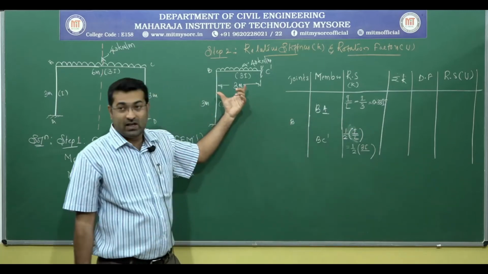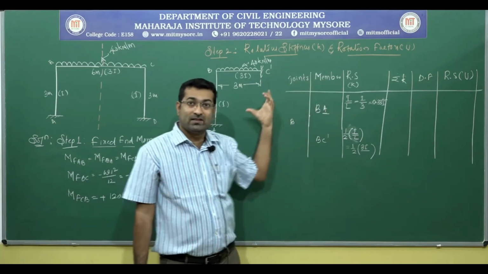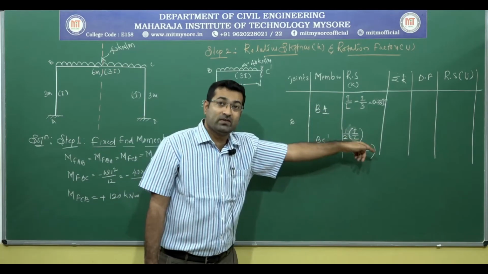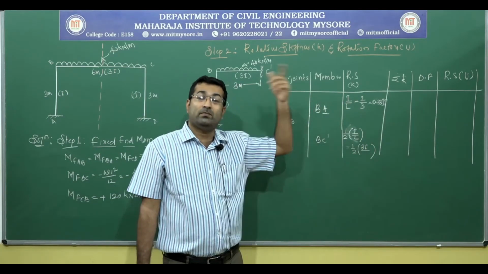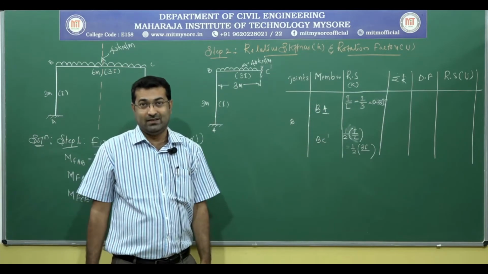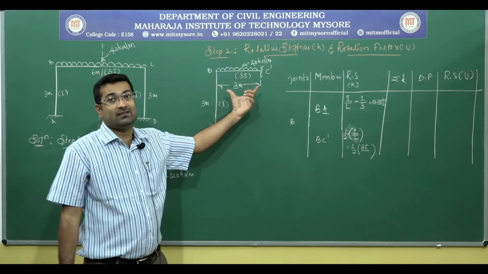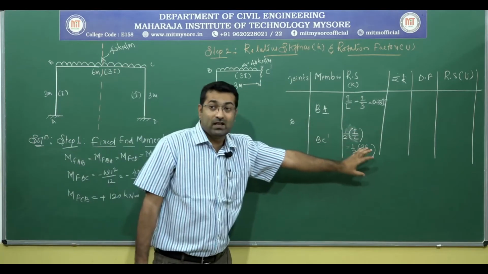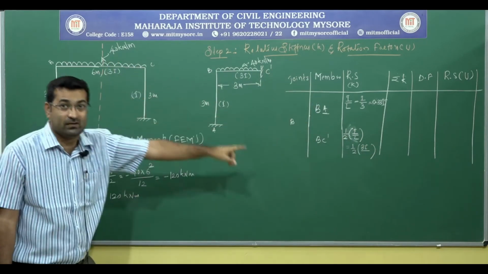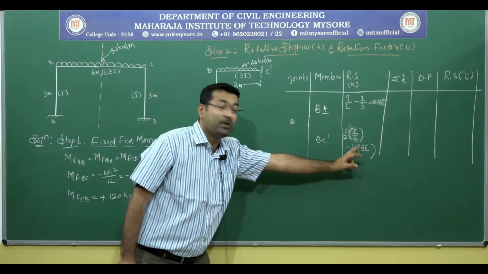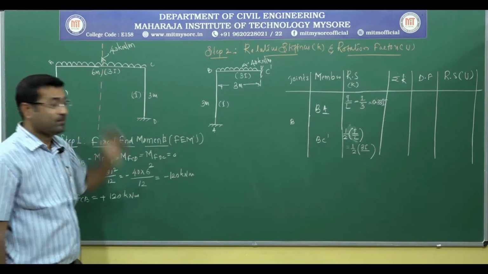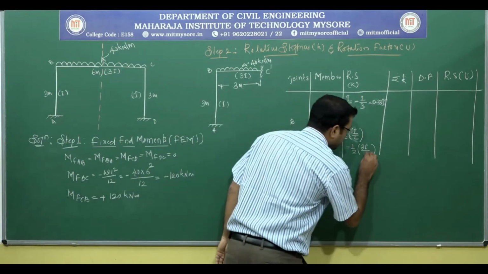As I am considering only the half frame, I have to consider 50% of the relative stiffness. But relative stiffness depends on the far end condition and its complete length. So don't take 50% of the length; take 50% of the relative stiffness for the calculation. So here the length should be the complete length, that is 6 meter. So here it is 6.